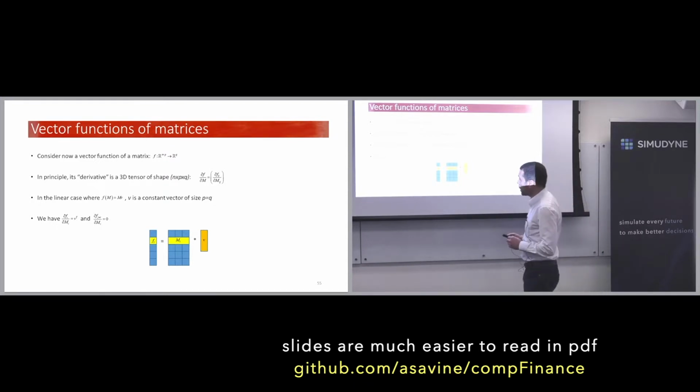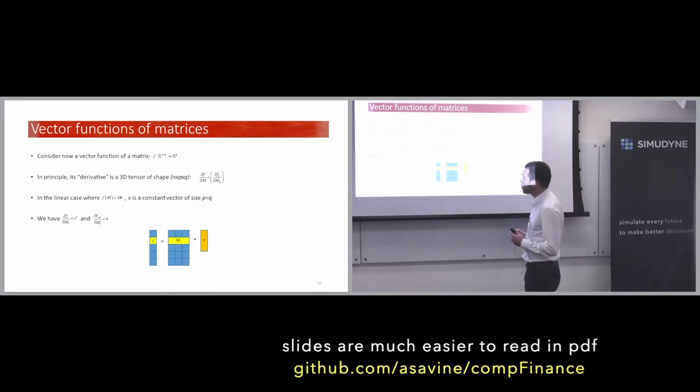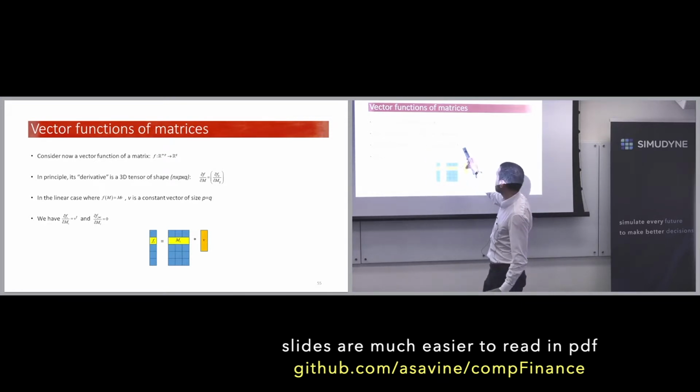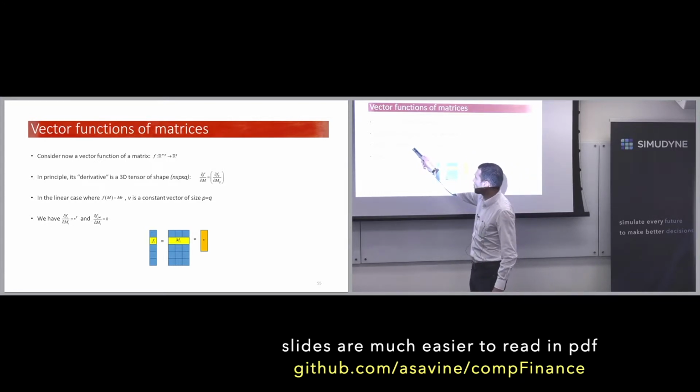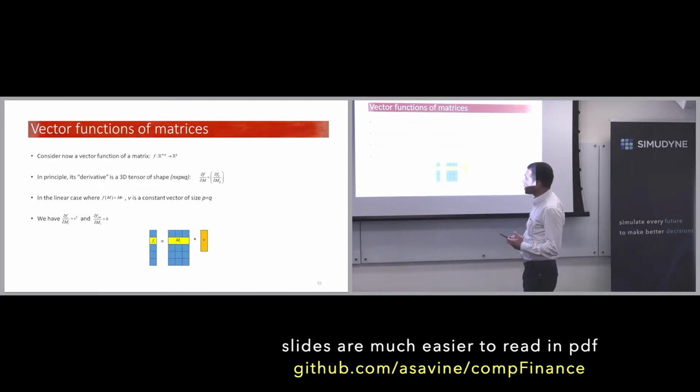An interesting case, and the only reason I write it here is because we will have to use it, is the case where it's a linear function, which means that there exists a constant vector v of size p, which is in this case the same as q, such that f of a matrix m is just this matrix times this constant vector, right?